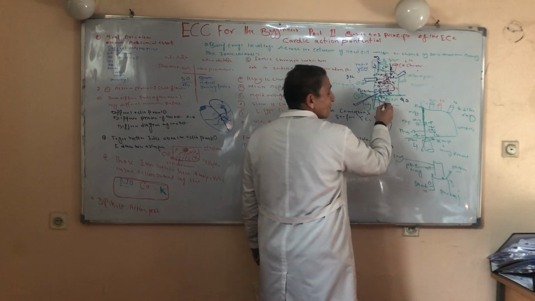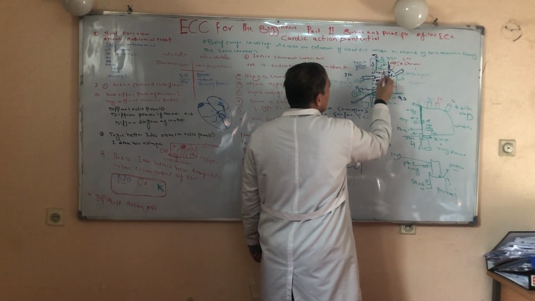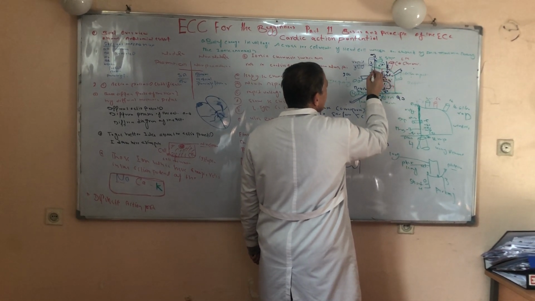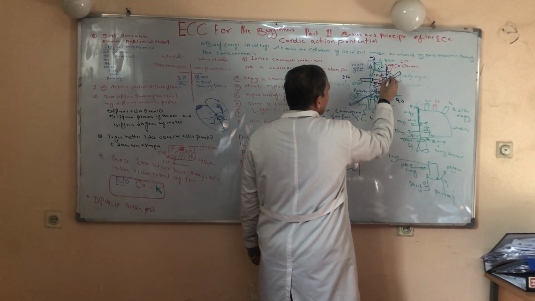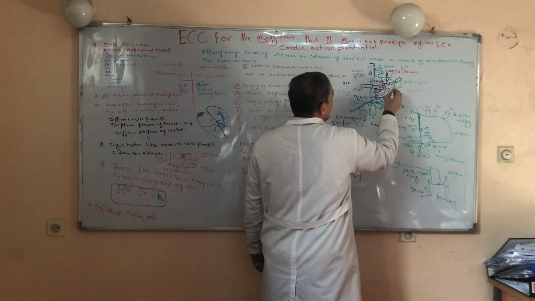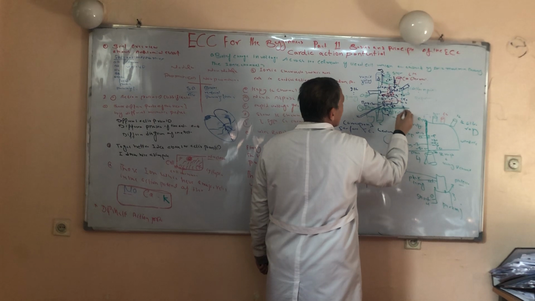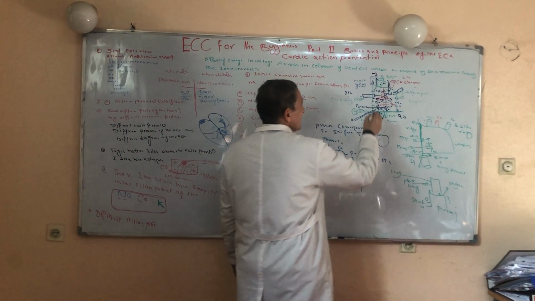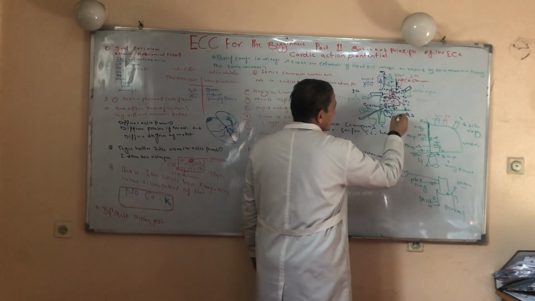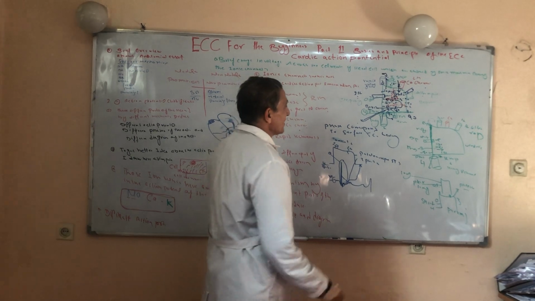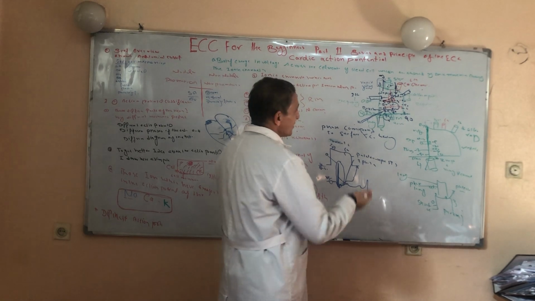And the cell comes back to the resting membrane potential of minus 90 millivolts. From the 0 voltage, it first comes to, for example, minus 20, minus 40, minus 50, minus 60, and minus 90. It means the cell is going back to a resting membrane potential of minus 90 millivolts, or the cell establishes again the resting membrane potential, ready to accept another stimulation.